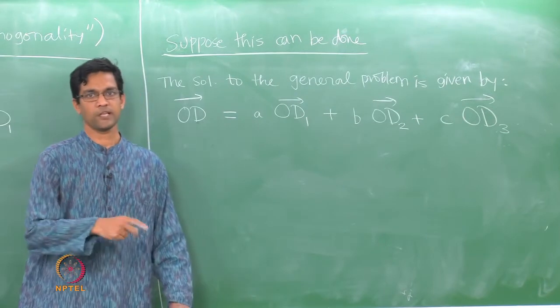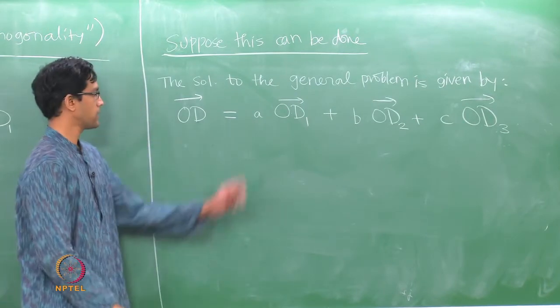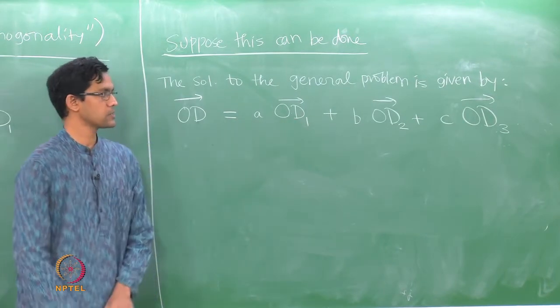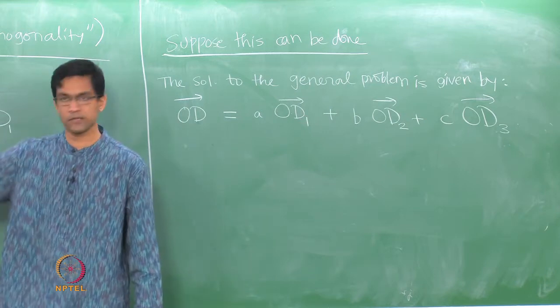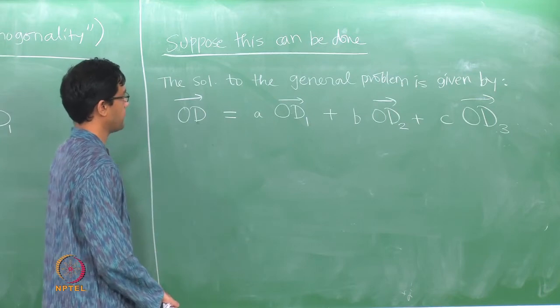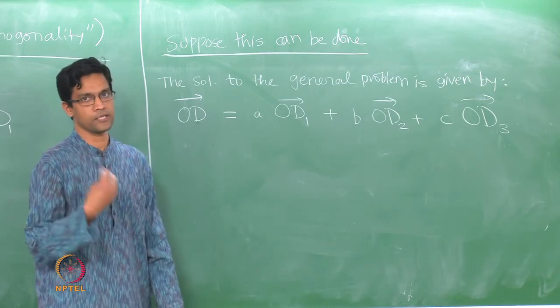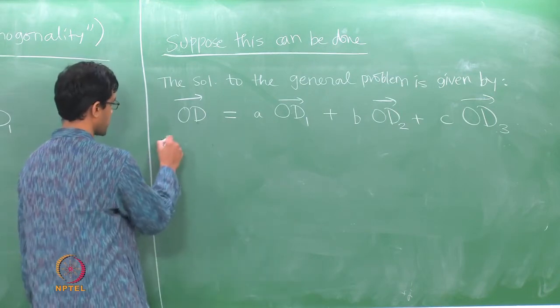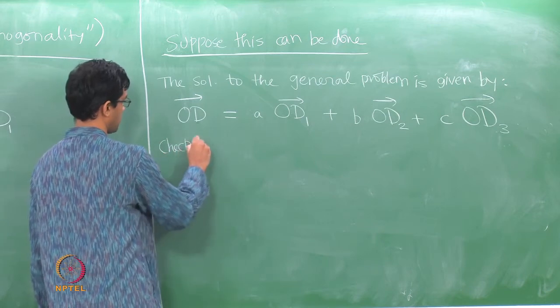Okay. So I have these 3 points D1, D2, D3, and here is the linear combination A, B and C, where those are the given 3 numbers. This linear combination we claim is going to be a solution to the general problem. Okay. So let us check that this is in fact true.